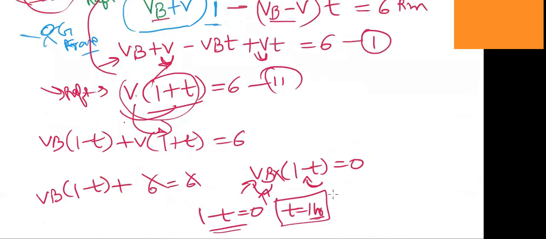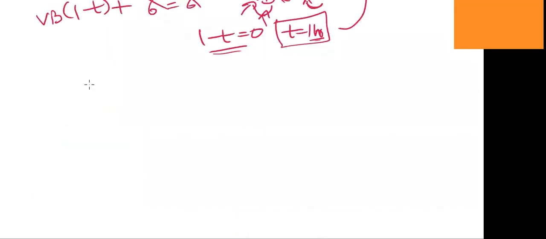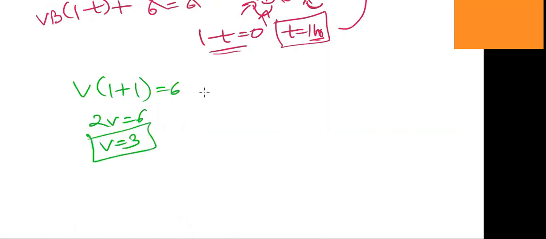So substituting it in the second equation, we get the value of v. With t equals 1, it's 2v equals 6, so v equals 3 km per hour.